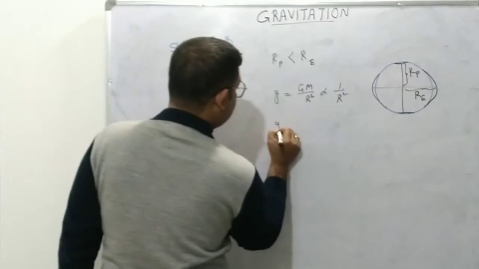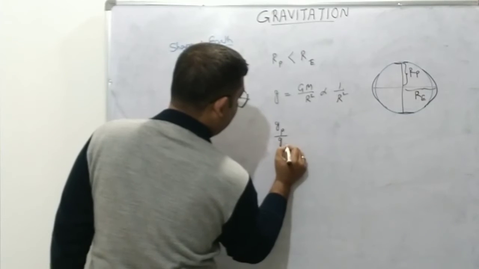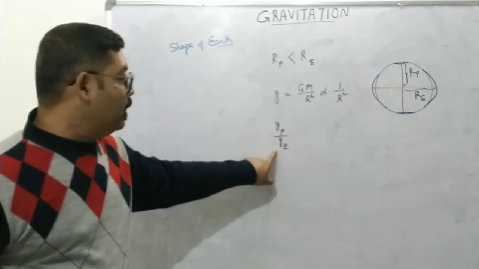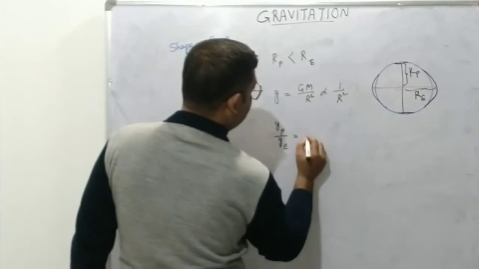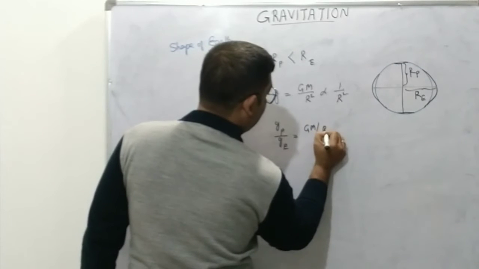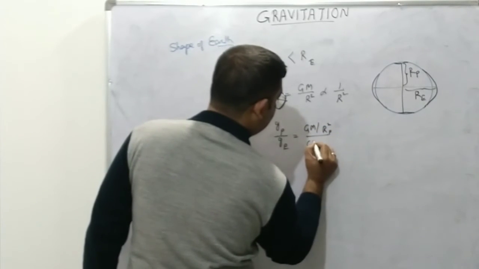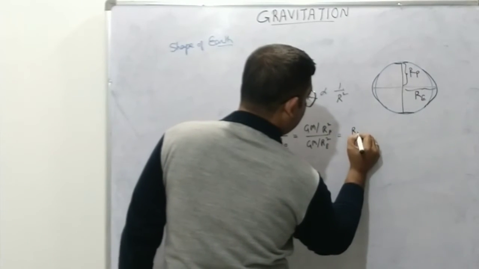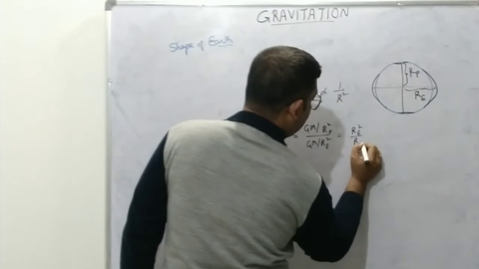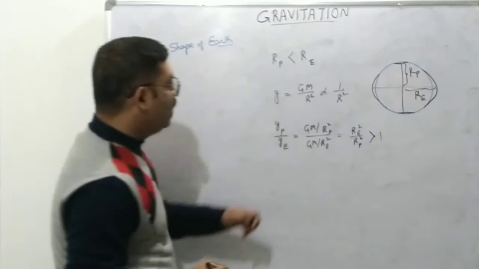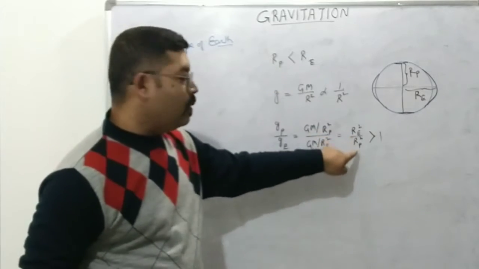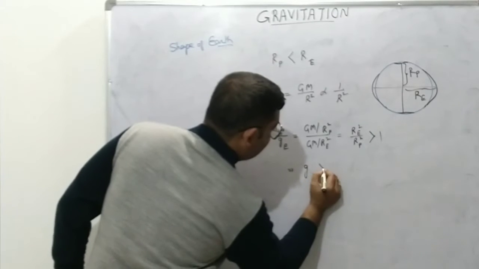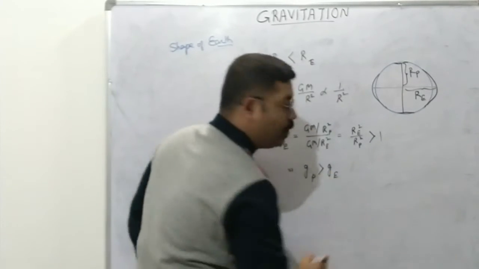So if I take g_p by g_e, that is acceleration due to gravity at polar region by acceleration due to gravity at equatorial region, then we will be left with GM by r_p squared divided by GM by r_e squared, which is equal to r_e squared by r_p squared, which must be greater than unity. Why? Because r_e is greater than r_p, so r_e squared by r_p squared must be greater than unity. That means that acceleration due to gravity at polar region must be greater than acceleration due to gravity at the equatorial region.